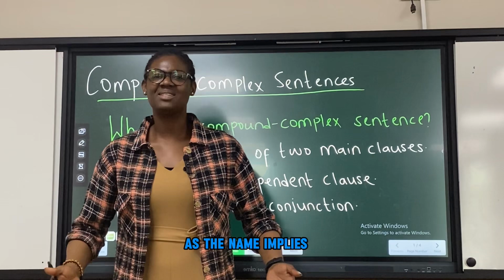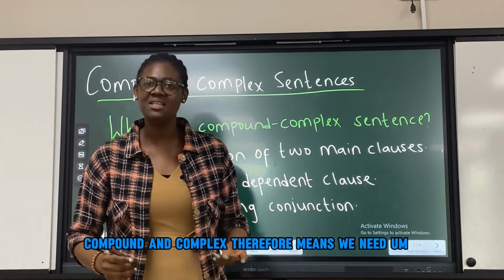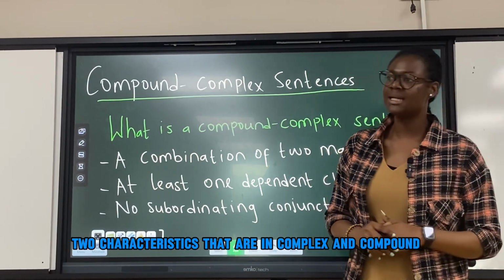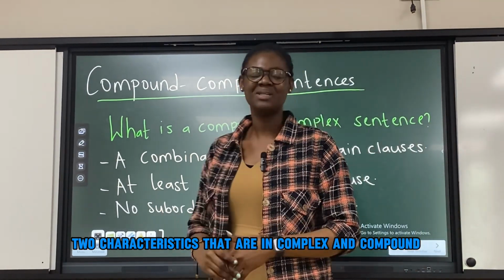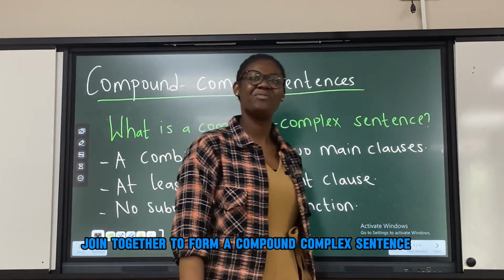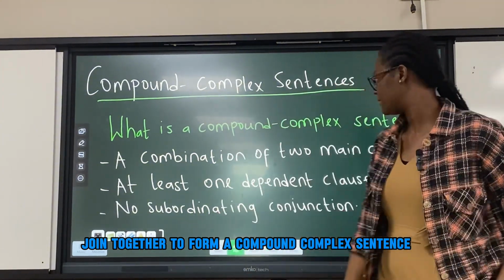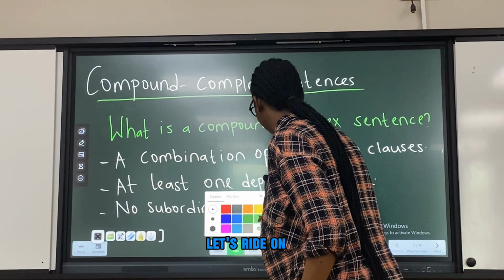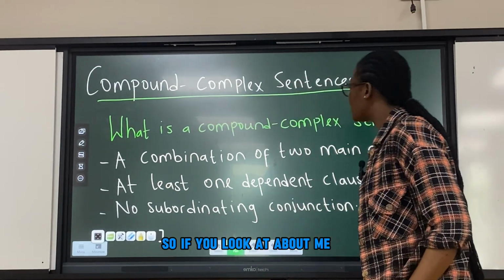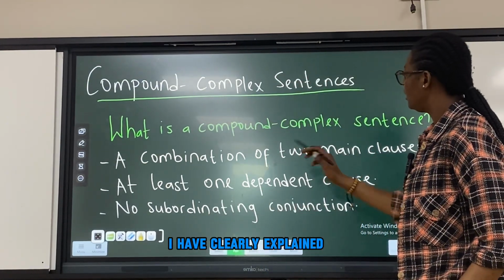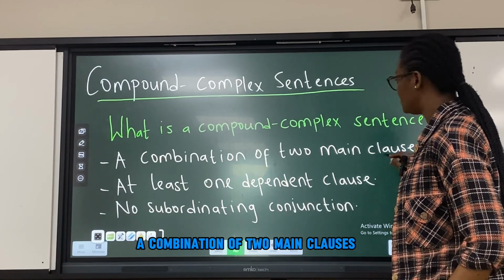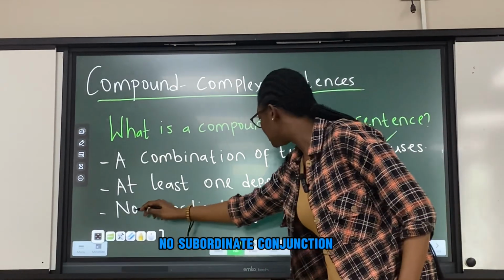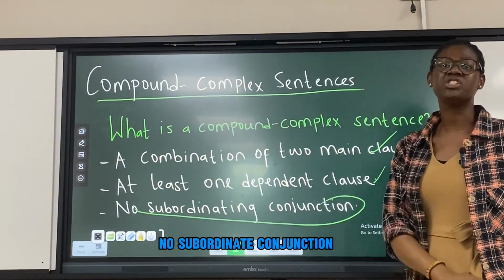As the name implies, compound and complex, it therefore means we need two traits, two characteristics that are in complex and compound joined together to form a compound complex sentence. Okay, let's ride on. So if you look at the board, I have clearly explained a combination of two main clauses, at least one dependent clause, good. No subordinate conjunction.